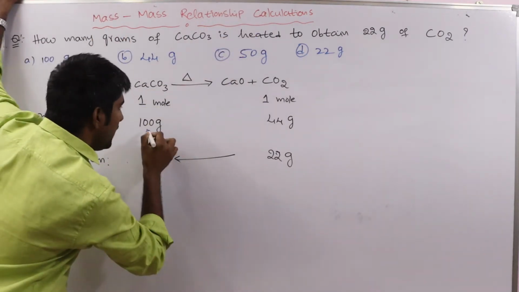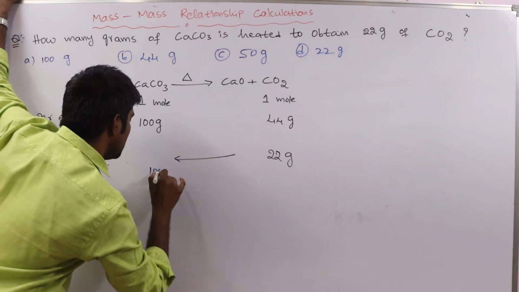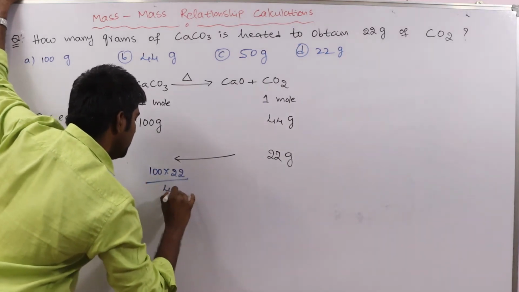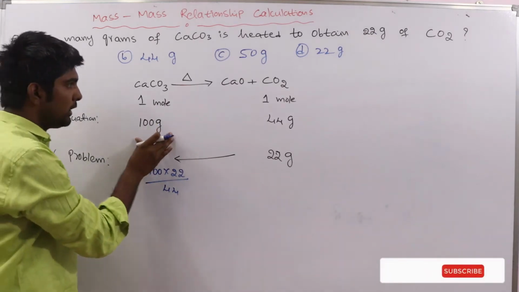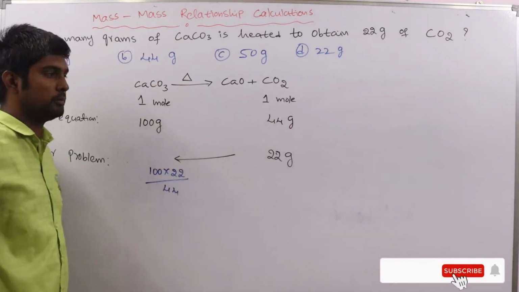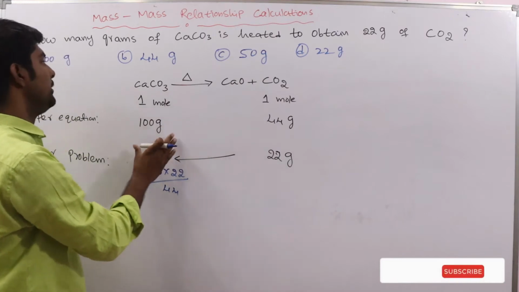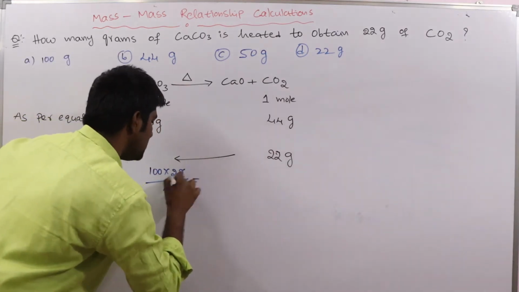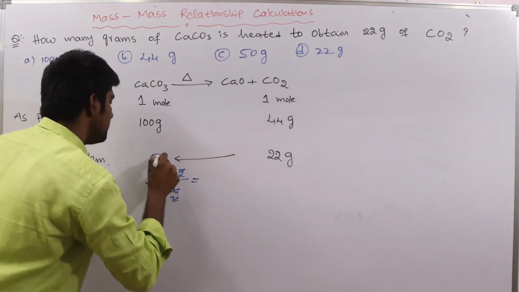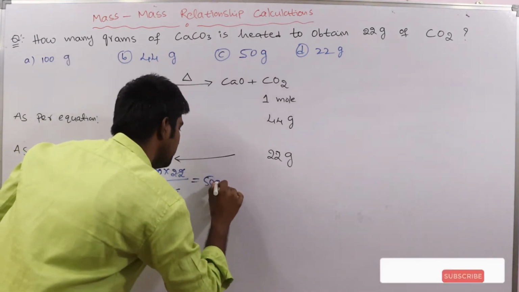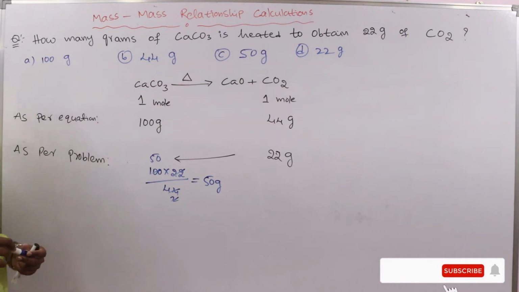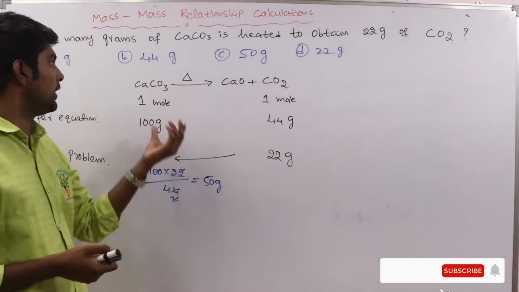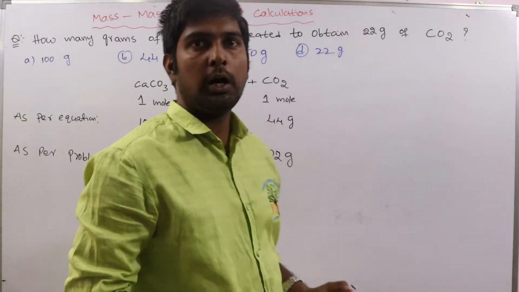So 100 into 22 by 44. For 100 grams we are getting 44 grams. To get 22 grams, how many grams of CaCO3 is required? The answer is 2 times, this is 50. So that is 50 gram. So to get 22 gram of CO2, we have to heat 50 gram of calcium carbonate.